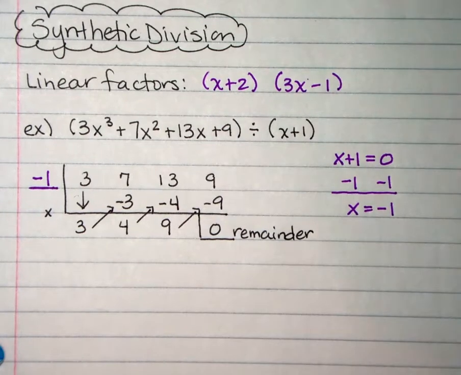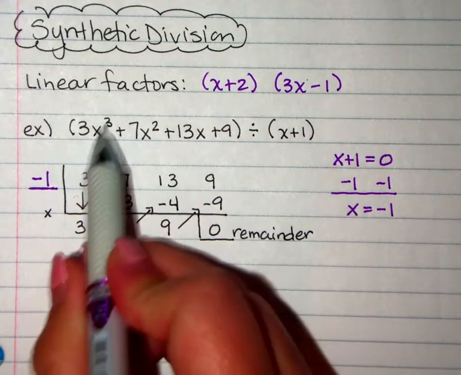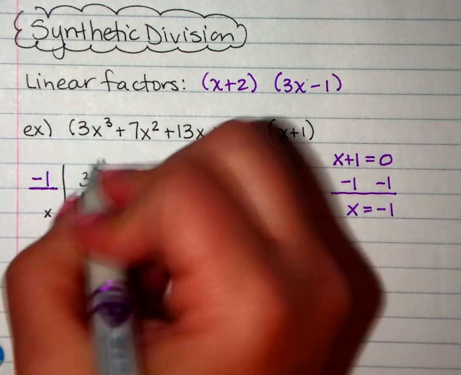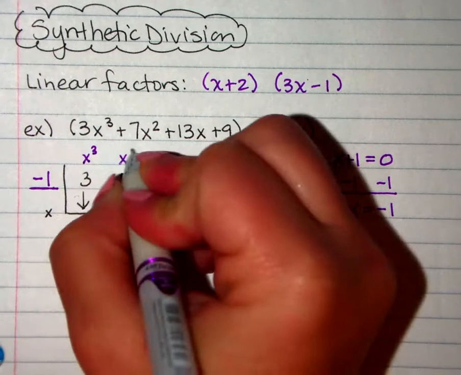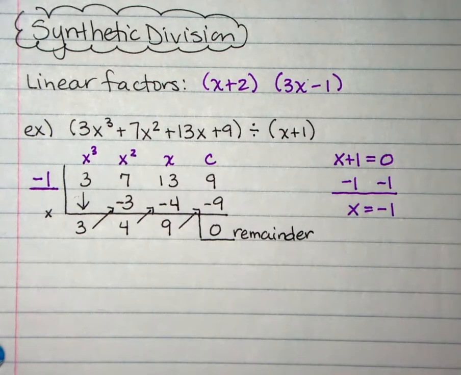And if you think about our long division, what goes on the inside of our polynomial is starting with the third power. So this is the coefficient on x cubed, x squared, x, and our constant. And when you do polynomial division, because I'm dividing by a power of x, this result right here is my result.